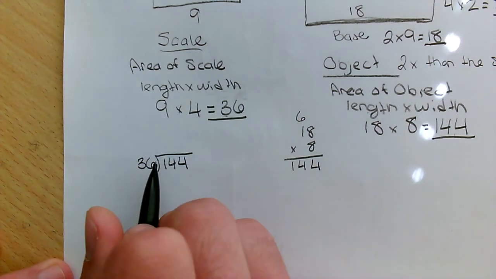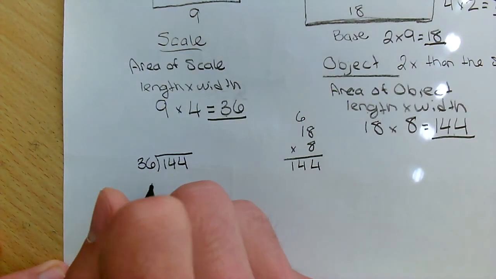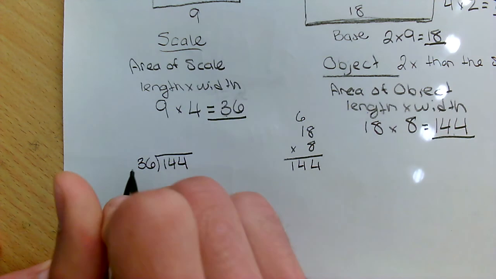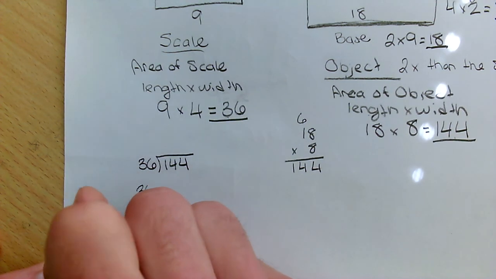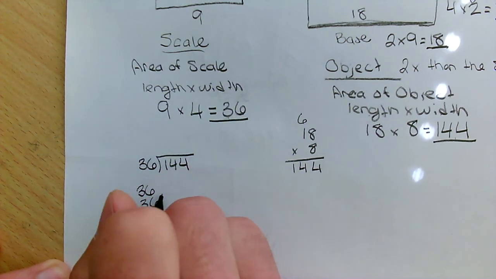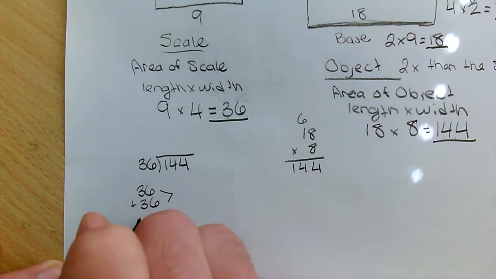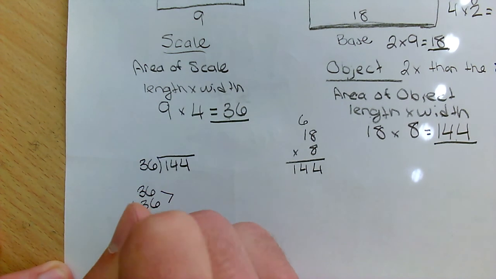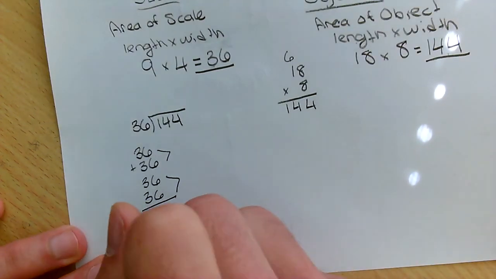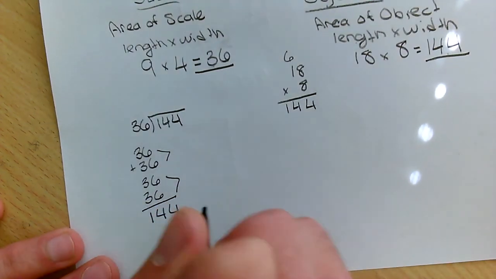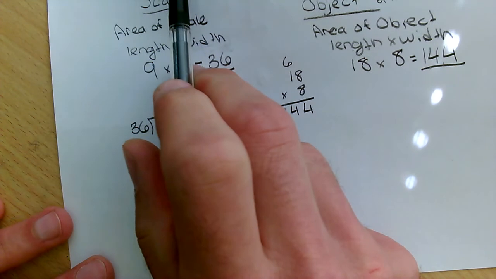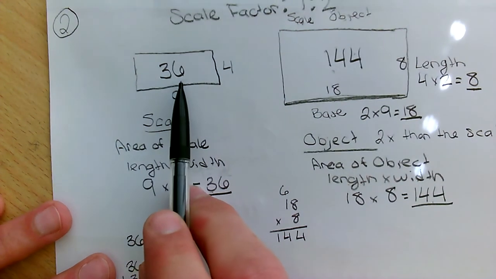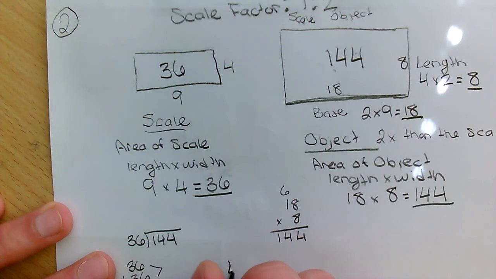Now, if you have a calculator, you can just divide it, or you can just do 36 plus 36 until you get 144. If you add 36 4 times, it's equal to 144. So 36 right here goes into 144 4 times.